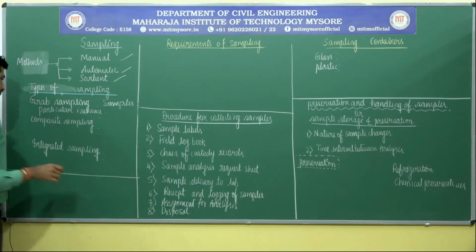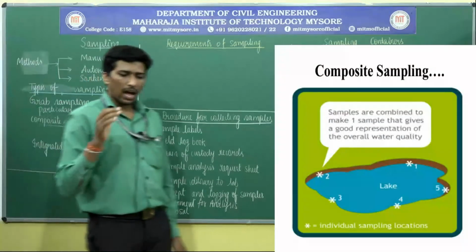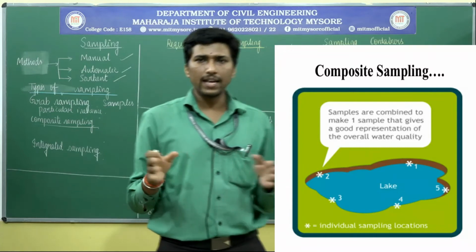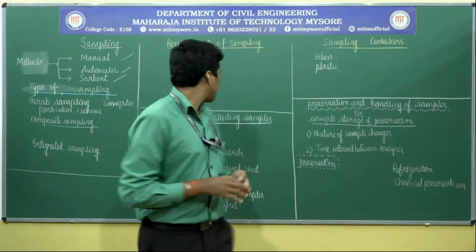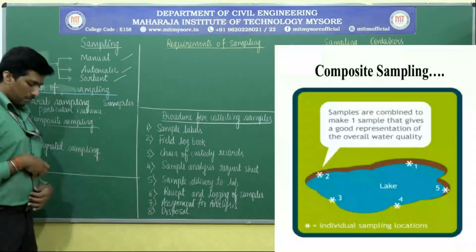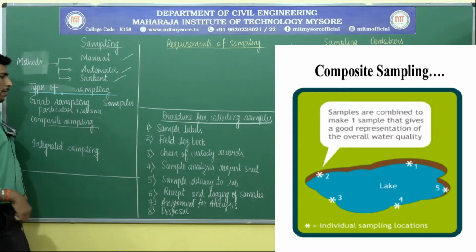Next thing, composite samples. They represent the grab samples taken at regular intervals of time, and that we call a composite type of sampling.